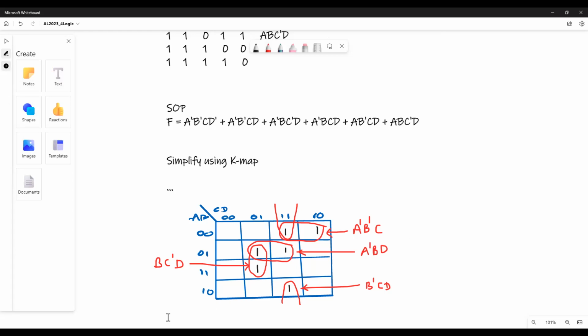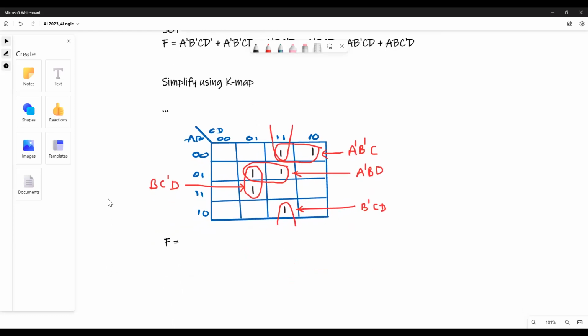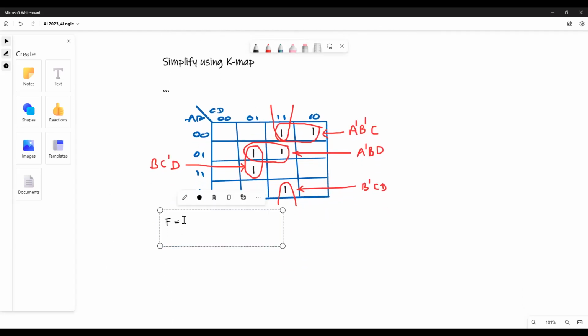So now once you simplify this, we can get the equation. Now the simplified equation we can write down, that is F equals A dash B dash C plus A dash B D plus B dash C D plus B C dash D, right?